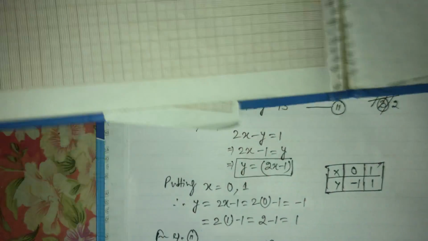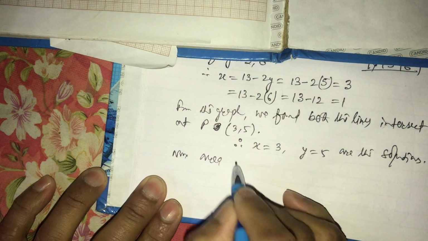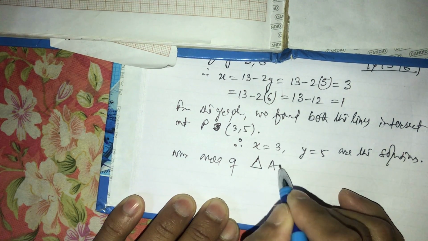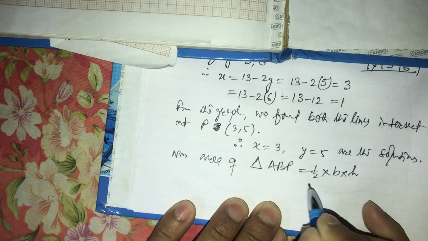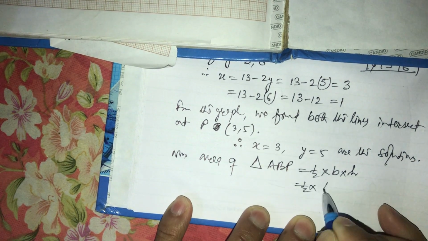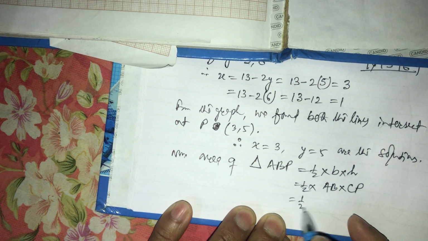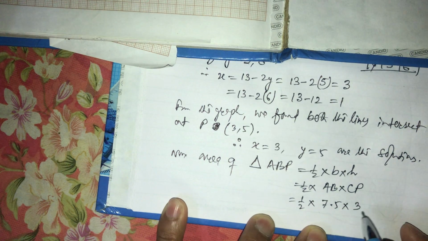So I can write here: now the area of triangle ABP is half into base into height. Half into base, which is AB, and the height is CP. So substitute the values. Half, the base was 7.5 and the height was 3.